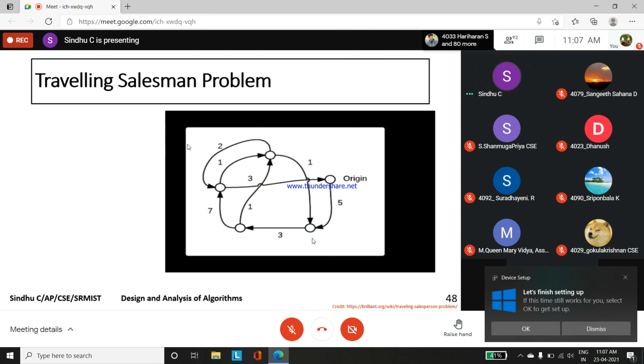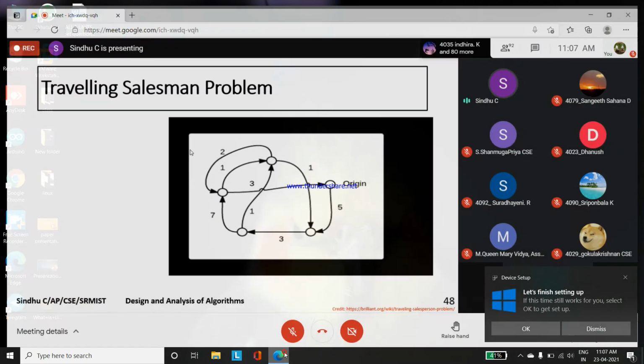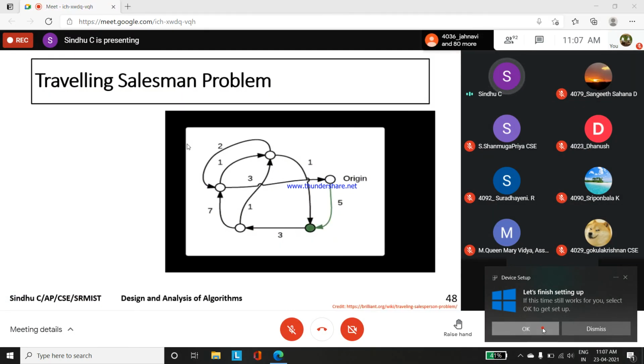So that is another example of branch and bound. So that is the end of all the various strategies.